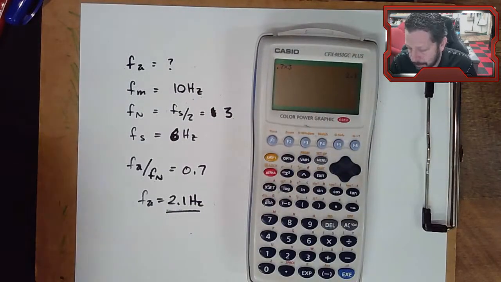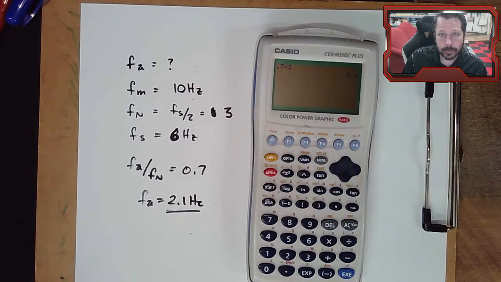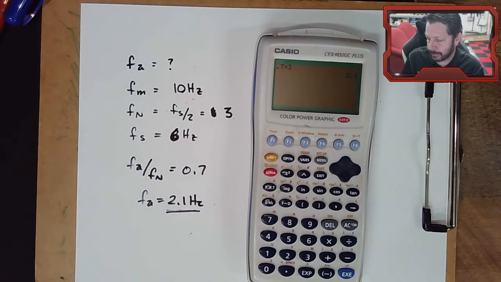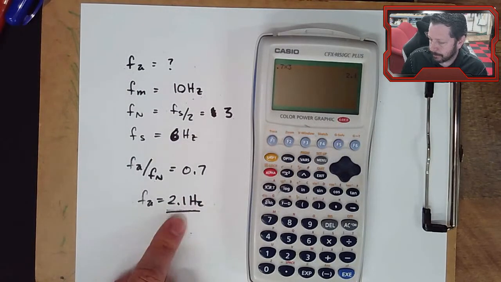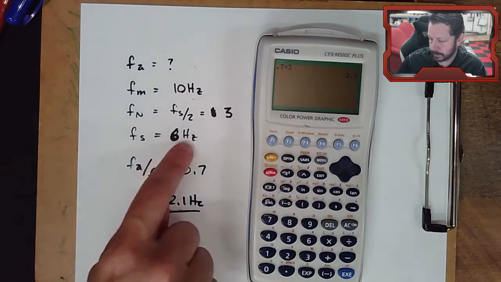This doesn't really help you, but it does tell you what higher frequency signals will show up as, will alias as. So it gives you a bit of information. There's not a lot you can do with that information other than to know that, hey, that 10 hertz signal is probably being aliased as a 2 hertz signal if I don't sample fast enough and I sample at this rate.